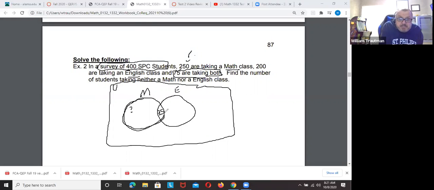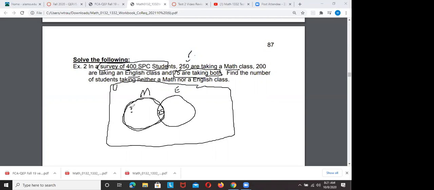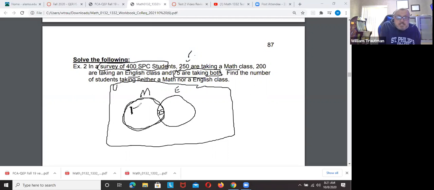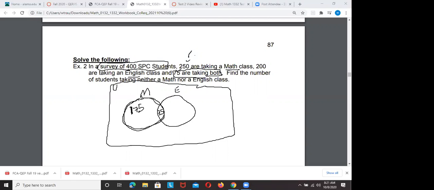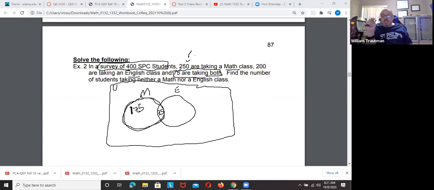There's 75 already. Do you see? So it's 250 minus 75, 175. There you go, 175. Now there's 250 in the math category. That's why I said the first thing you want to do is always write down the boths. You want to put that in the diagram first.